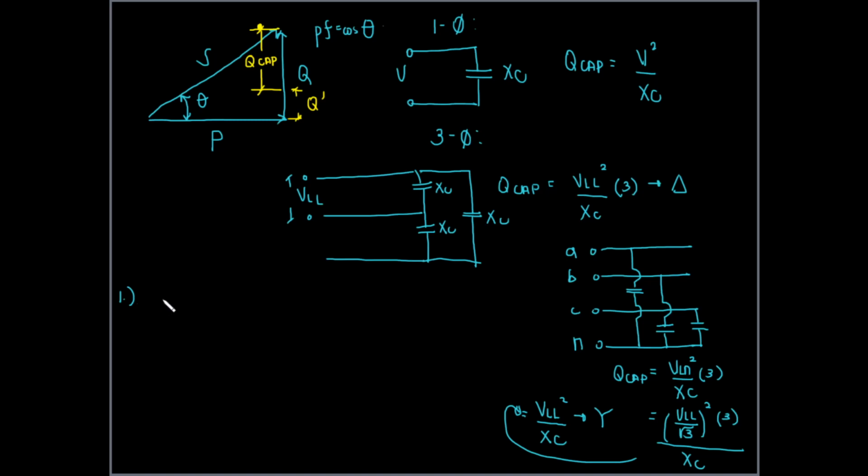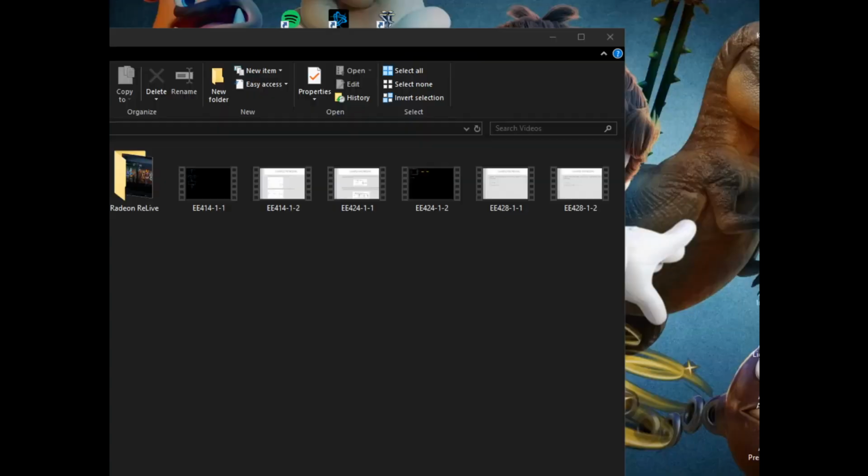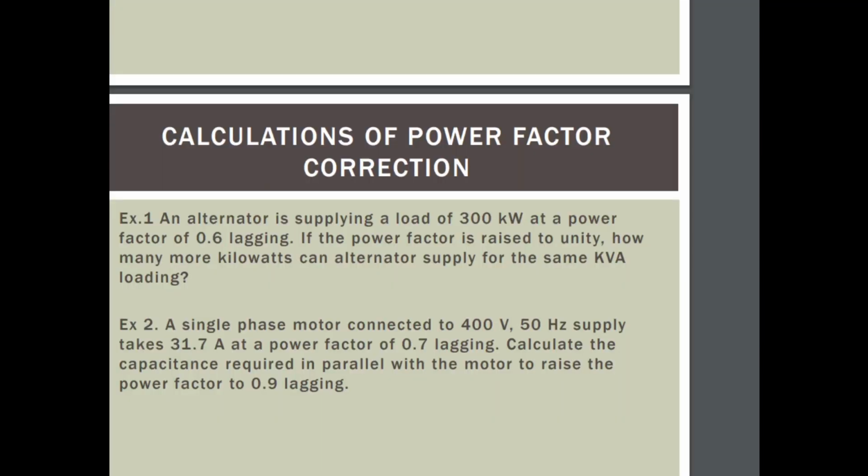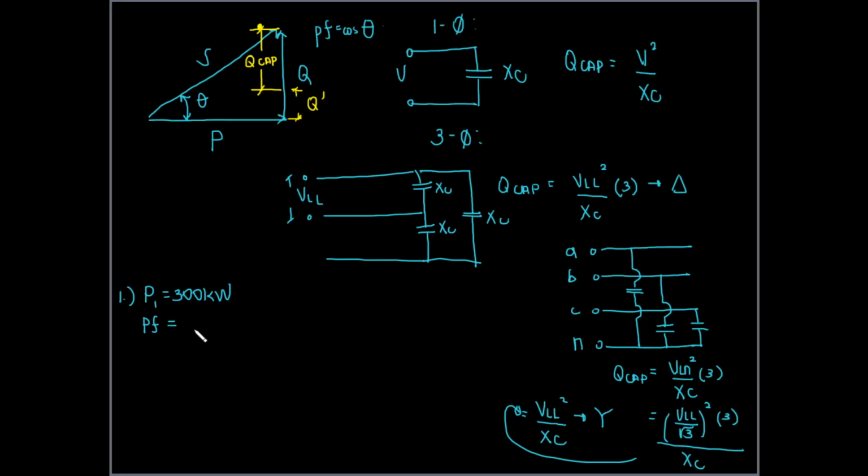So if we're going to write the given, 300 kilowatts is our original power. Power factor is originally 0.6 lagging.